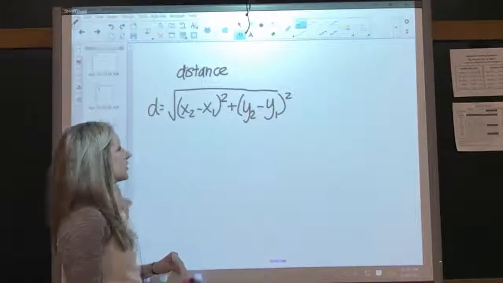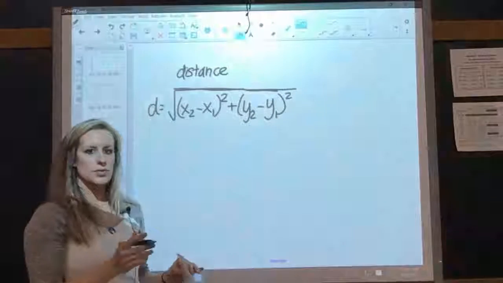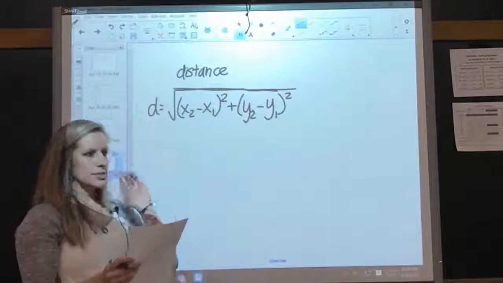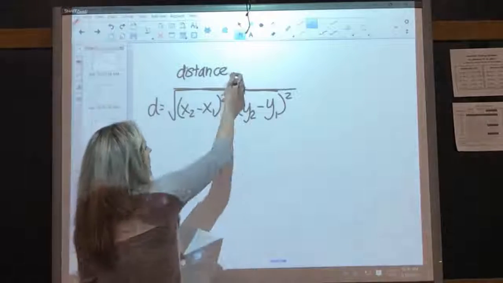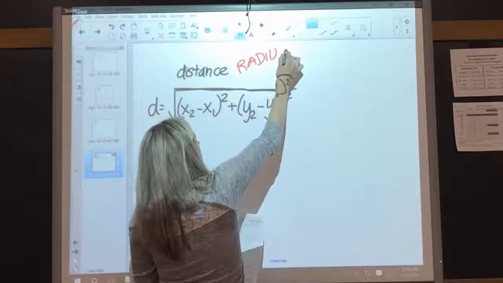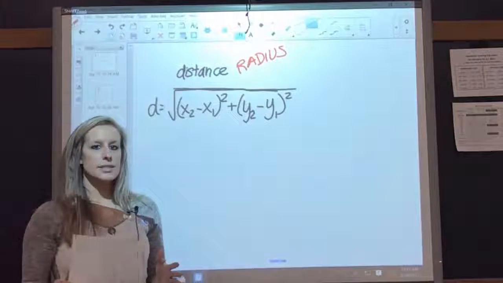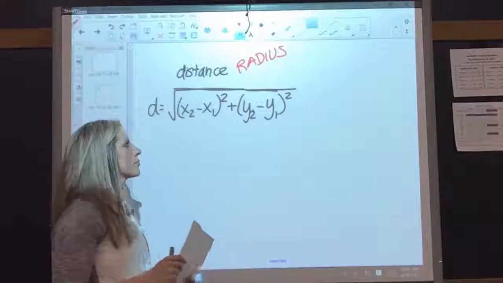And that's all underneath the radical. But we're going to use the distance formula to figure out what our radius is. So if you want to write out beside distance formula, we're going to use it to find our radius. We're going to find the distance between the center point and an end point.